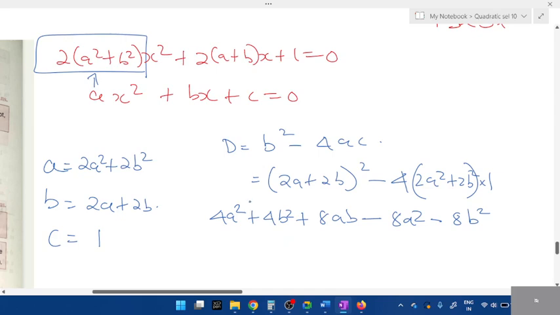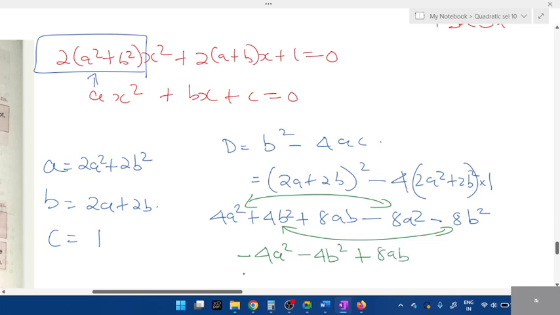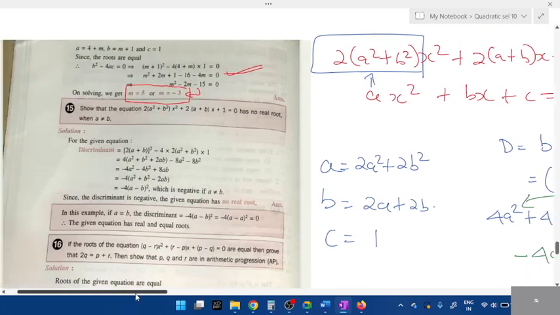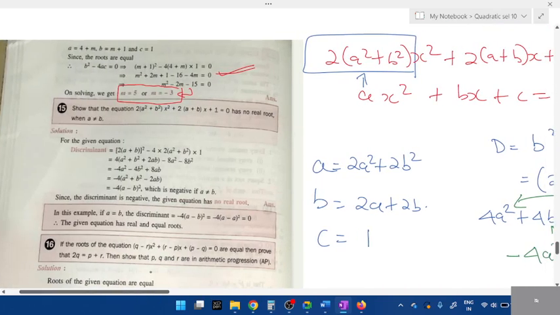Which one gets cancelled? Compare these two, students. You get minus 4 minus 8 is how much? Minus a square. Next, plus 8. 4 is gone. Can you see here?